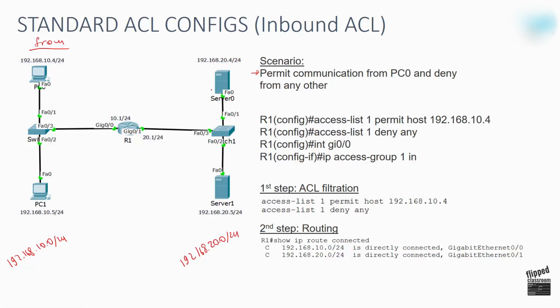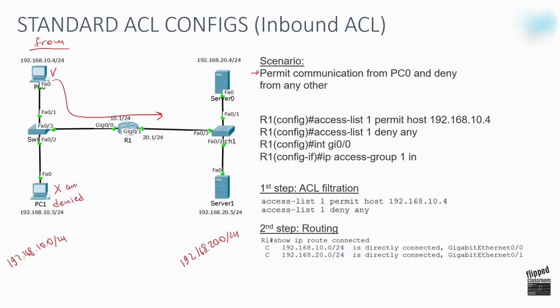And now our idea is, as you see here in the scenario, PC0 will be able to pass through this security, and deny from any other. PC1 and others will be denied.